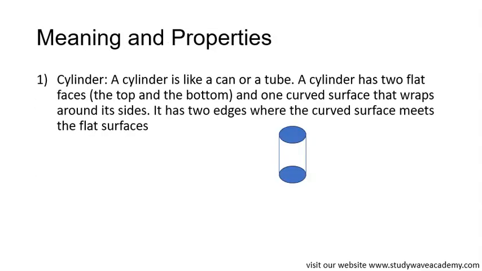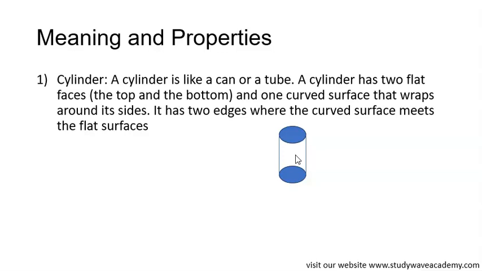Now we're going to be looking at the cylinder. A cylinder is like a cone or tube. This is a cylinder. A cylinder has two flat surfaces, the top and the bottom, and one curved surface that wraps around its sides. It has two edges where the curved surface meets the flat surfaces.